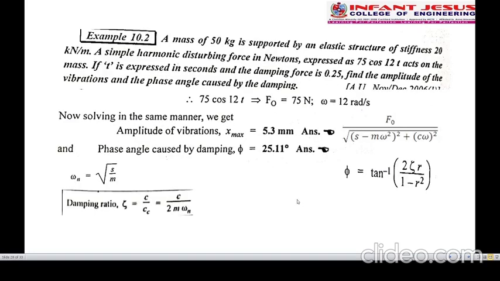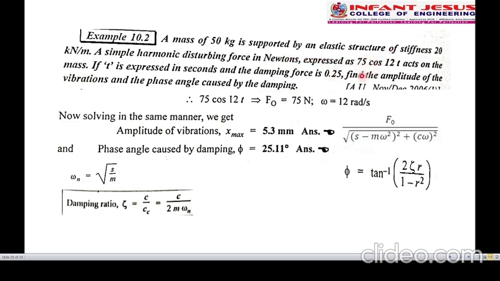Next problem: a mass of 50 kg is supported by an elastic structure of stiffness 20 kilonewton per meter. Mass is given, stiffness is given. A simple harmonic disturbing force in newtons expressed as 75 cos 12t acts on the mass. We know the sine formula is the simple harmonic disturbing force, but here in the problem they have given cos.